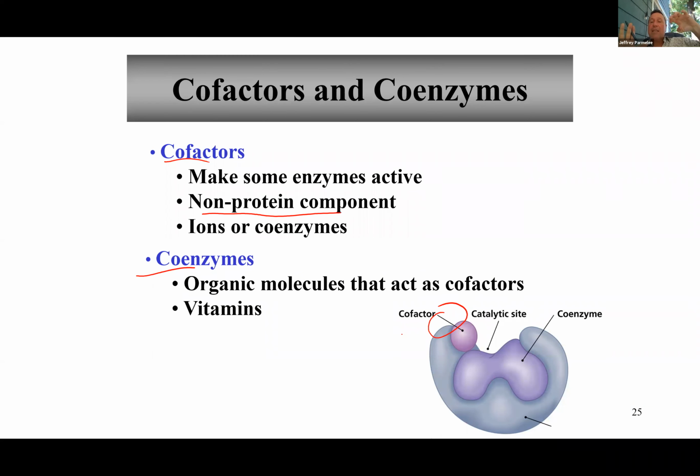Imagine if it attaches somewhere else on the enzyme, changes the shape of the enzyme so that it can no longer work, right? You remove it, all of a sudden it goes back to that original shape and it can work. So it's kind of a control center. And coenzymes are organic factors. You need them in small amounts, vitamins or things like that. So cofactors and coenzymes are small controlling molecules that control the enzymes.